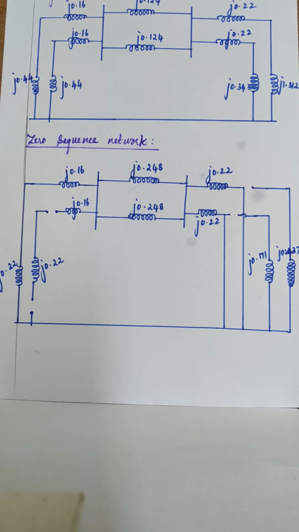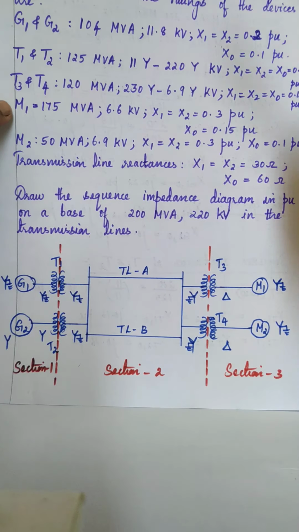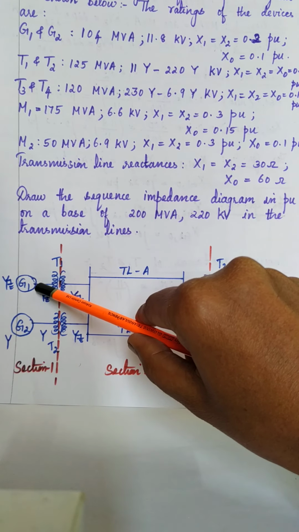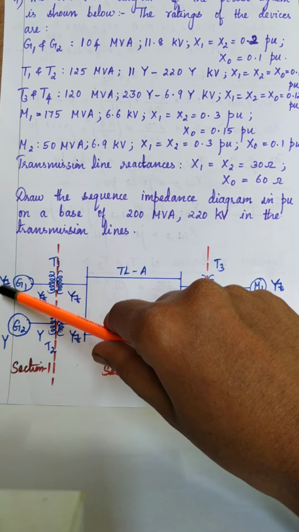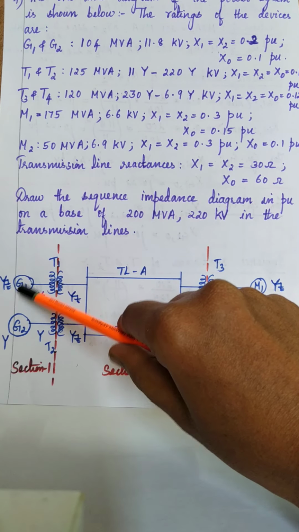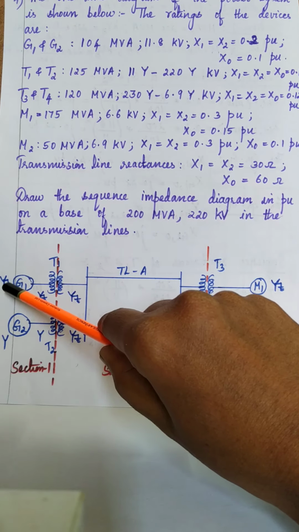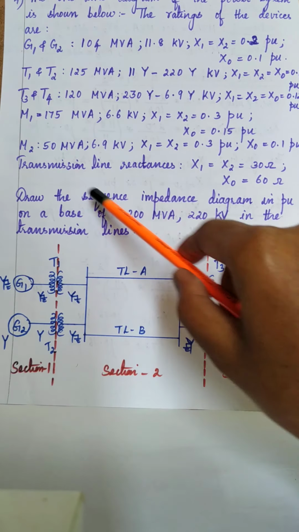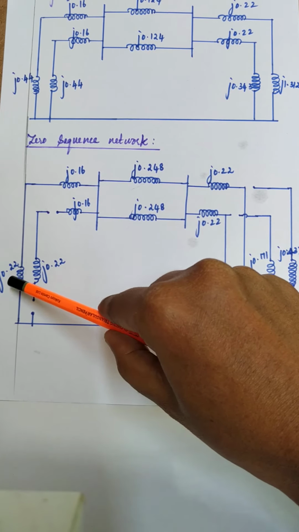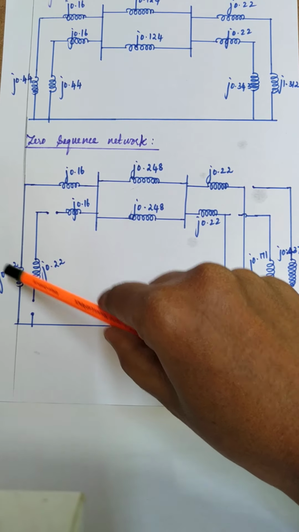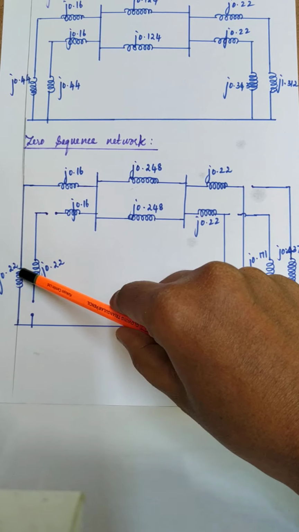For the zero sequence network, coming to the generators, we have two generators. Generator 1 will have its zero sequence reactance, and if there is a neutral reactance, you have to include 3Zn in series with the zero sequence reactance. But generator 1 is solidly grounded, so no need to show 3Zn; directly show only the zero sequence reactance of G1, which is j0.22.